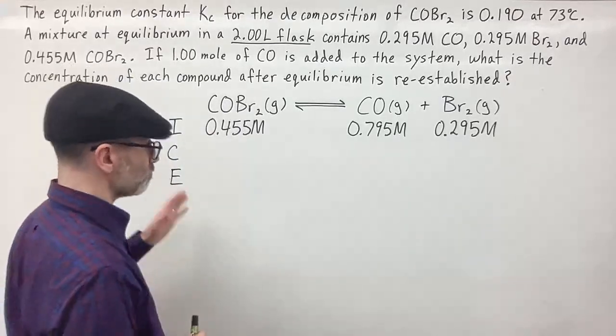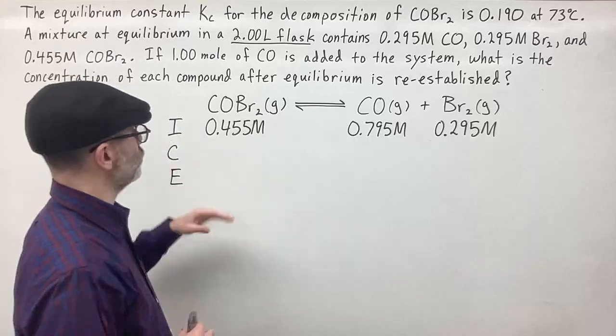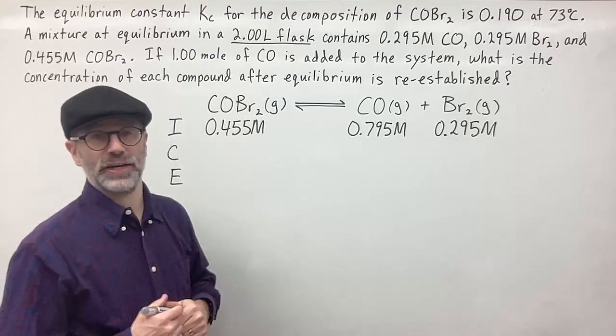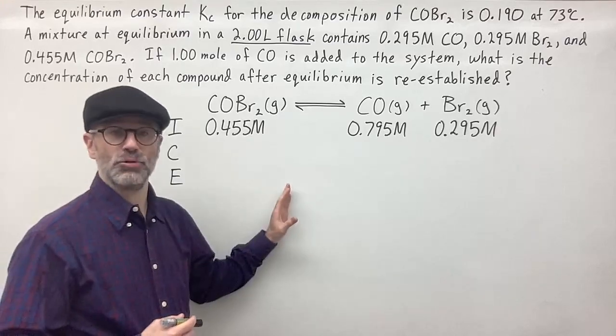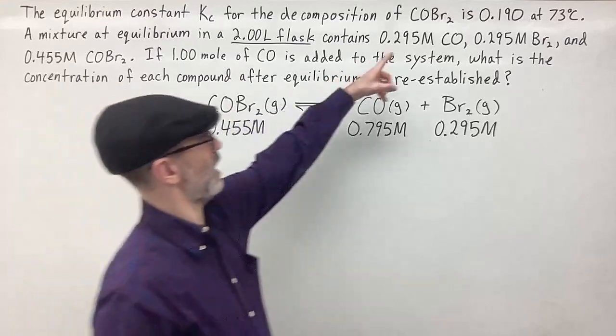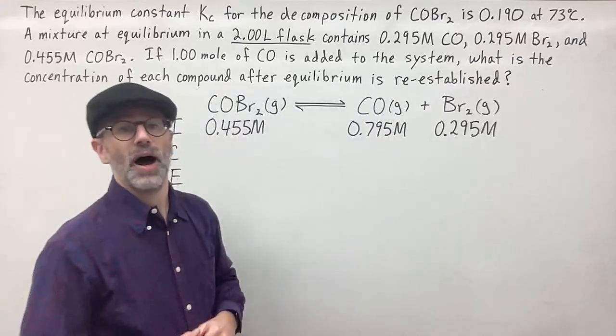And so now I can do my ICE table. So how do I know which way this is going to shift? Well, one thing you could do is find the reaction quotient Q, and then compare that to the K value. They gave us a K value of 0.190, so you could do it that way.